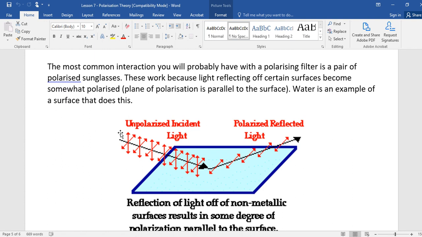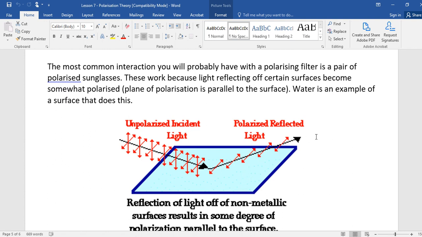So this could be light from the sun, this is the ocean, light from the sun coming in. We know some will go down and be refracted into the water, but some gets reflected, and that reflected light is polarized with a parallel electric field. So the plane of polarization is parallel to the surface of the water.